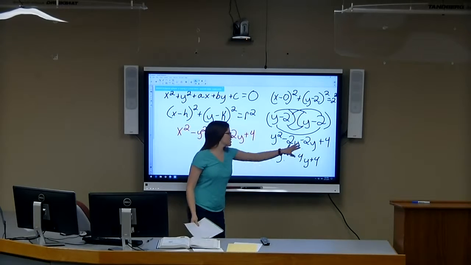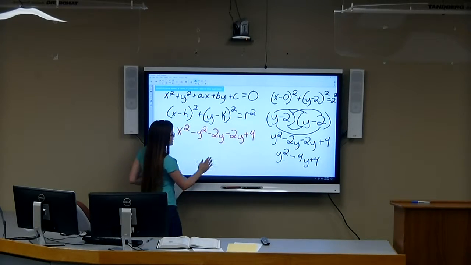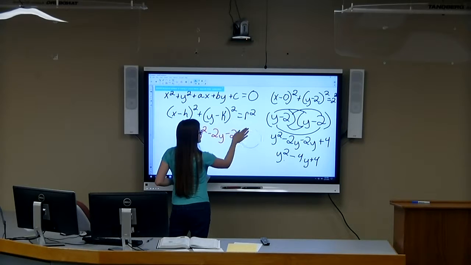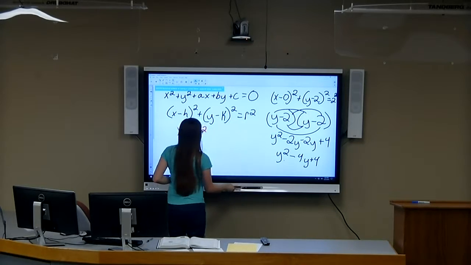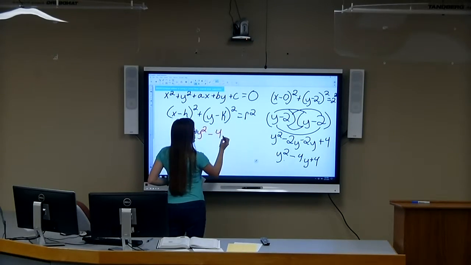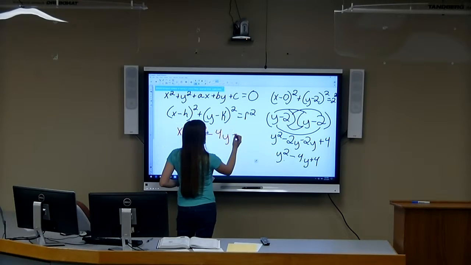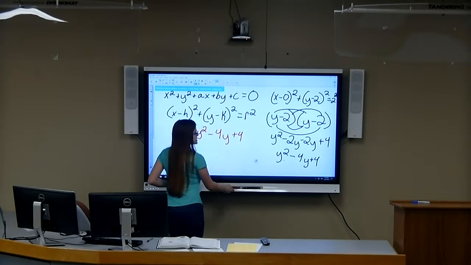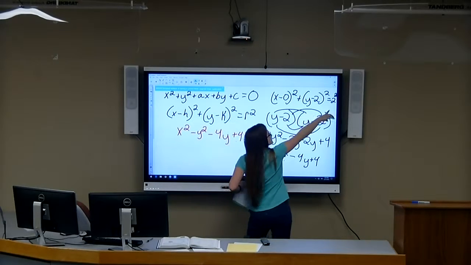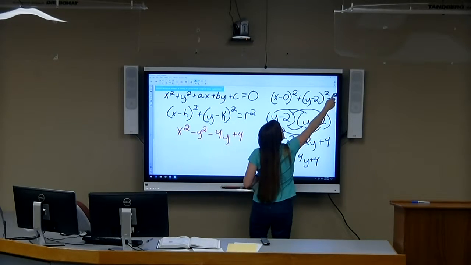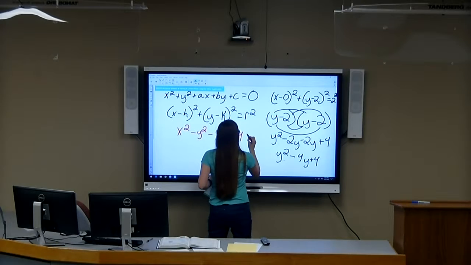Because you need to combine your like terms. You'll notice them again over here. I'll just erase them here and replace them. So that will give you negative 4y when you add those together, plus 4. Okay, now you need to simplify your radius, which I know you can probably barely see, but it was 2 to the second power, which is going to give you 4.